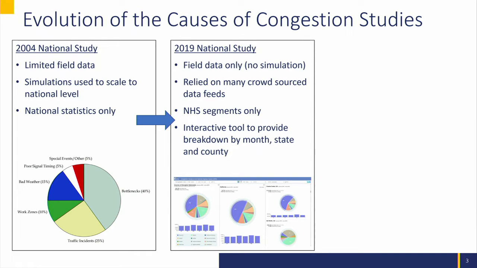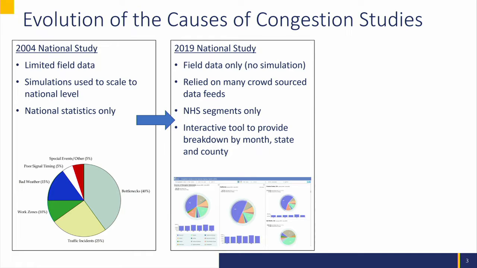The CATT Lab initially got involved with this type of study through a grant from the Bureau of Transportation Statistics. We worked with the Eastern Transportation Coalition and developed methodologies that would estimate the causes of congestion on the entire National Highway System.